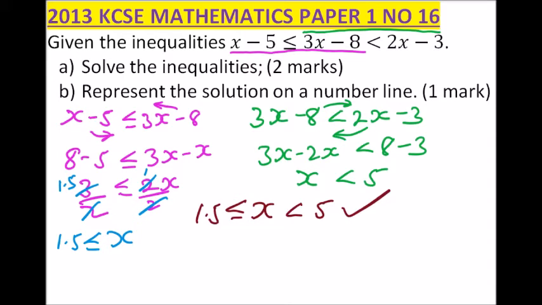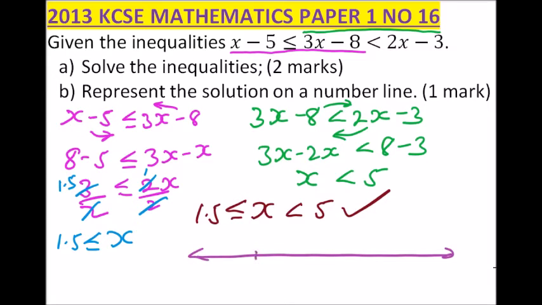Part B represents the solution on a number line. So this is our range, and therefore x can be 1.5 because it is greater than or equal to 1.5, but cannot be 5. So you draw your number line.